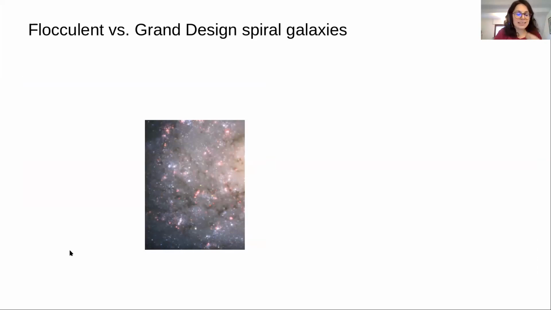I want you to tell me, by seeing just a fraction of a disk of a galaxy, whether this spiral galaxy is flocculent or a grand design. So I would like you to raise your hand, or at least your virtual hand, if you think that this galaxy is flocculent. And maybe Joris can help me and tell me how many people think this galaxy is flocculent.